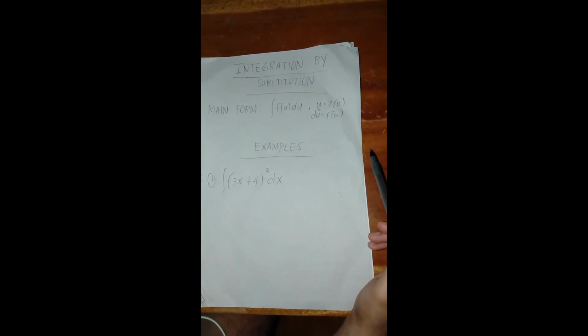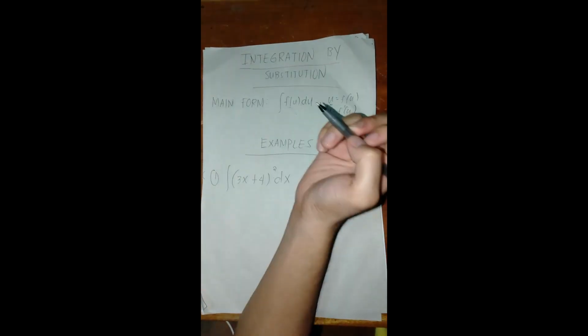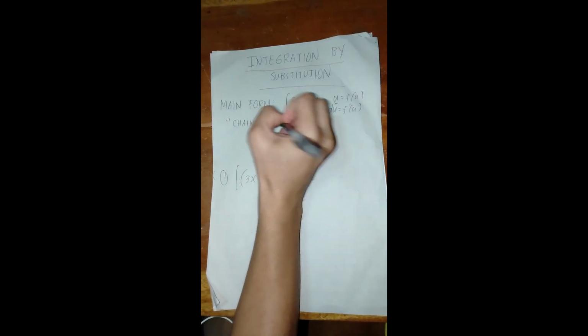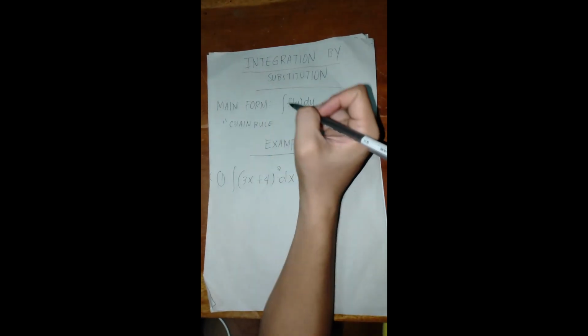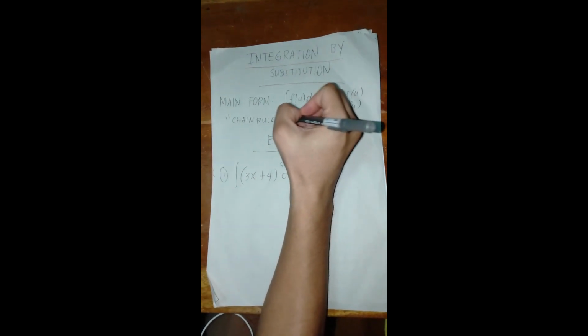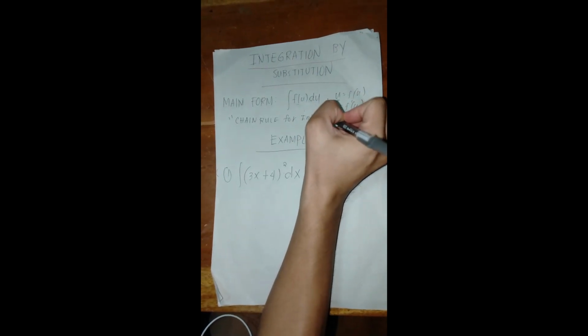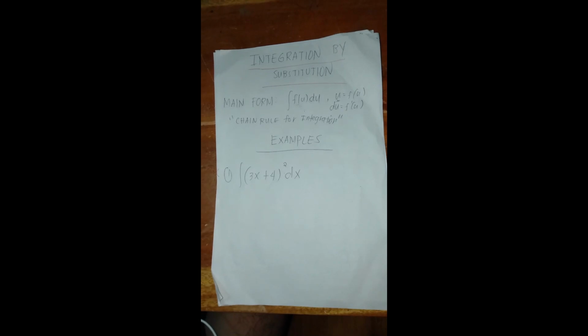Minsan kailangan gawin natin itong substitution. Another name for this one is the chain rule. May chain rule din sa differentiation, but this one is chain rule for integration naman.